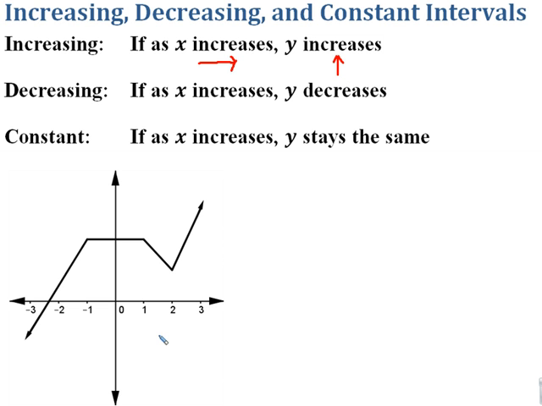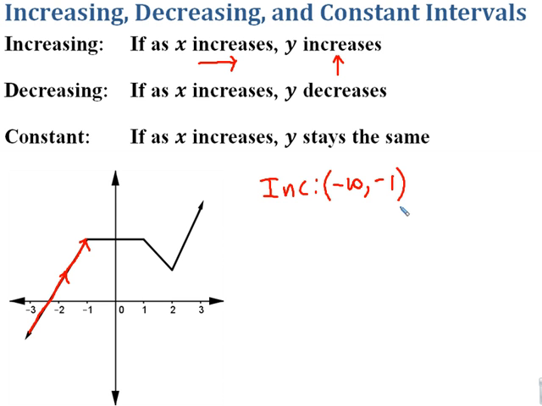Looking at my function here, as we trace the graph from left to right, it looks like the first part of my graph is increasing, because the y values are going up as we trace left to right. I describe that using the x interval. We'd say it's increasing from negative infinity to x equals negative 1.